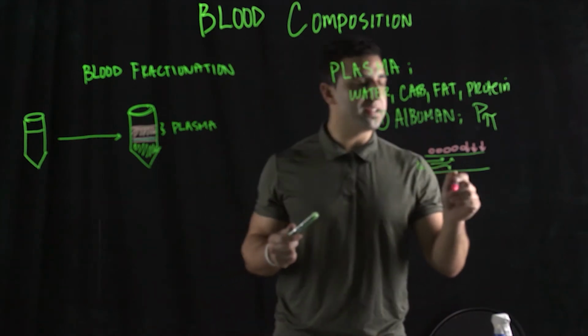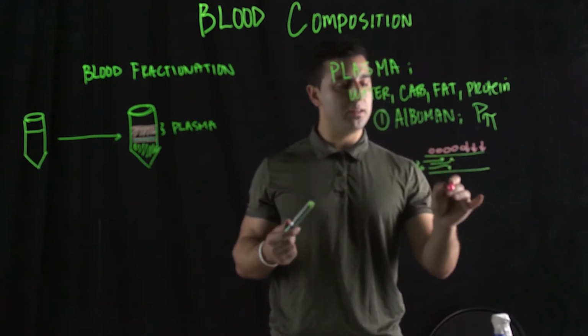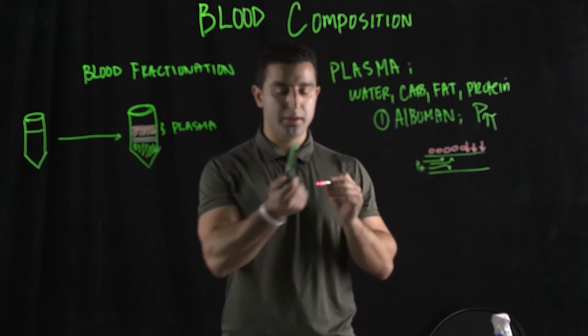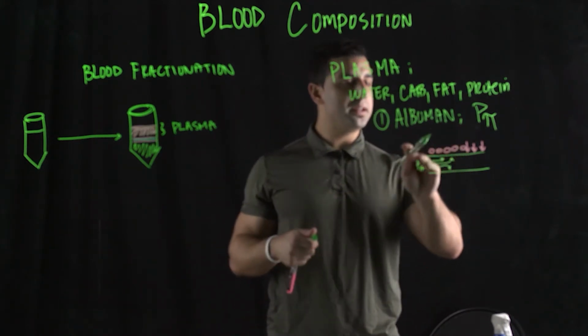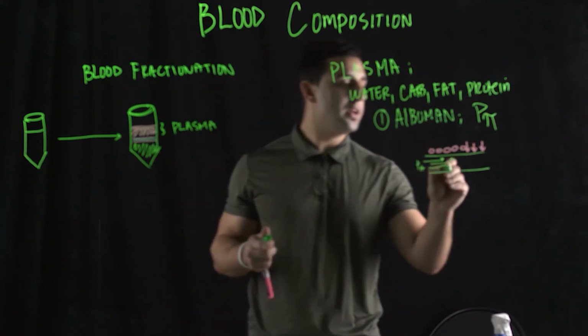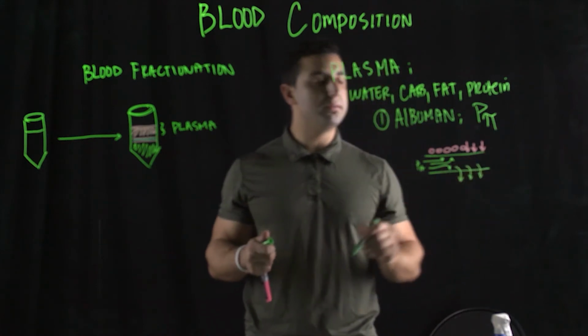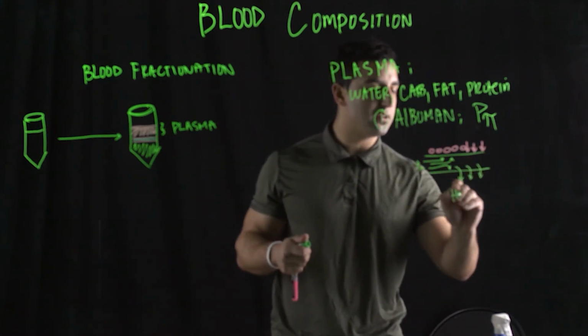For example, if there was no albumin, if we look at the bottom side here, what would happen? Because there is no osmotic pressure, there is a homeostatic imbalance of blood flow. Now all this blood leaves the blood vessels, and this can lead to a process called hemorrhage.